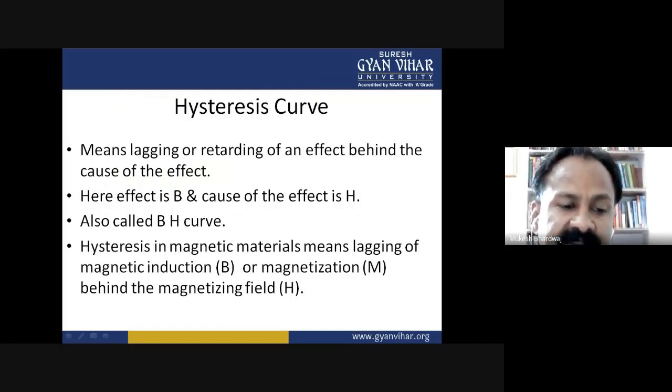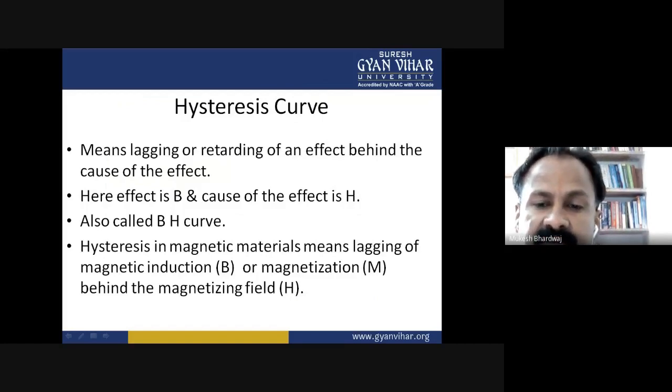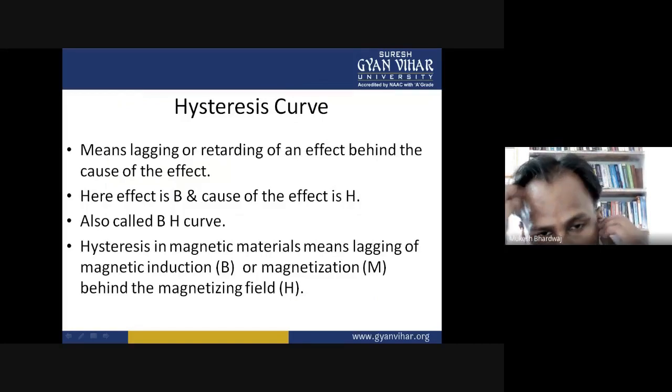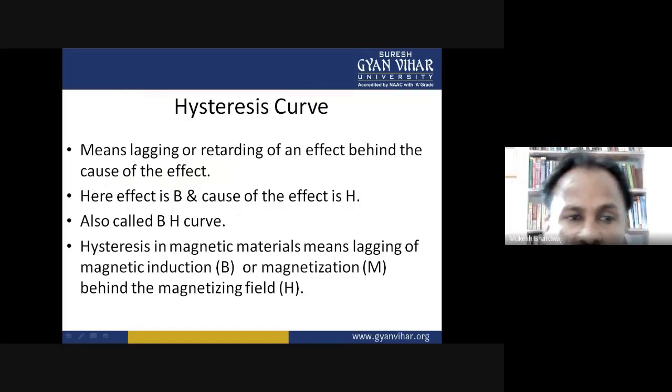Hysteresis means lagging or retarding of an effect behind the cause of the effect. That is, the cause which produces the effect, the effect lags or retards behind it.